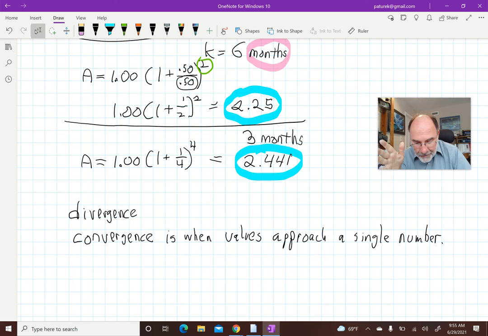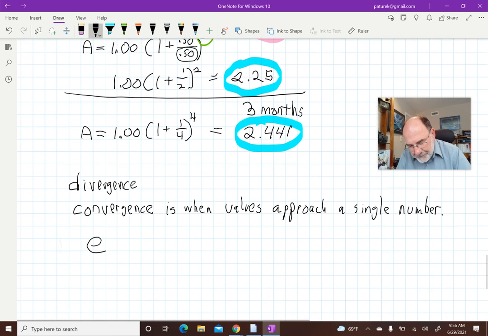It's converging to a particular value. And the educational punchline is it's converging to the irrational number e. So all of this is just an interesting way of introducing you to this irrational number e.